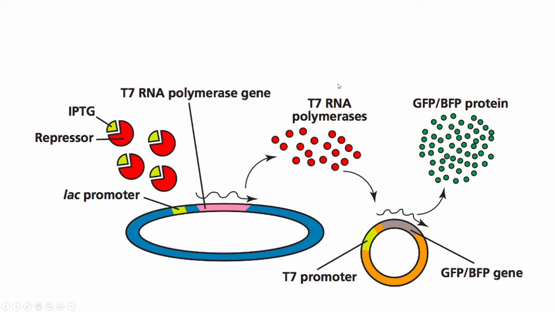So one more time, we add lactose to basically knock off the repressor and activate the lac operon. The RNA polymerase is able to bind to the lac operon and transcribe the entire operon, including our T7 RNA polymerase gene.